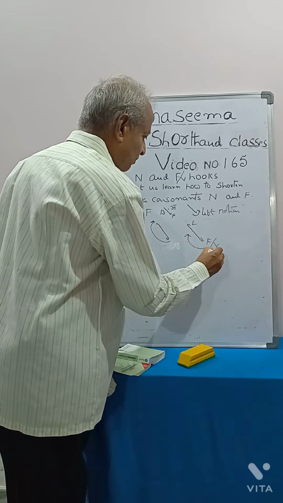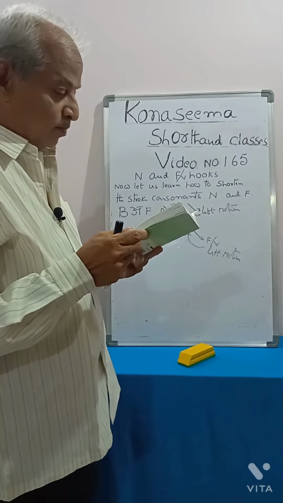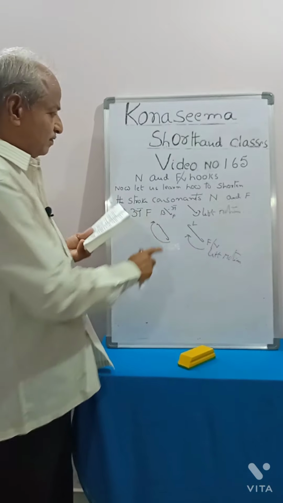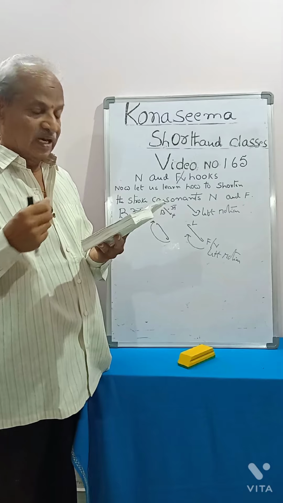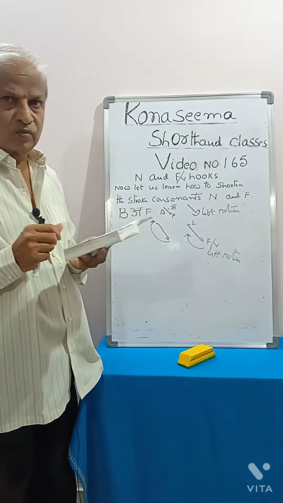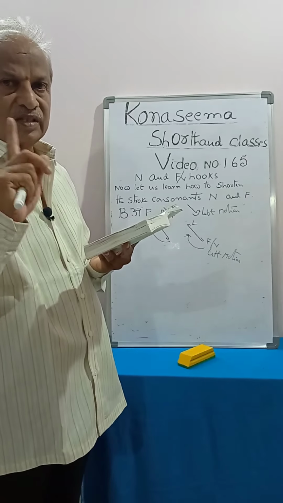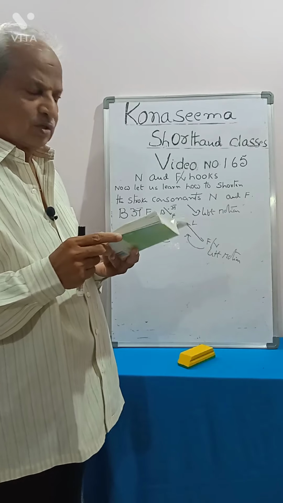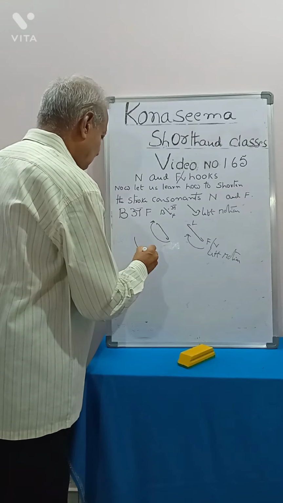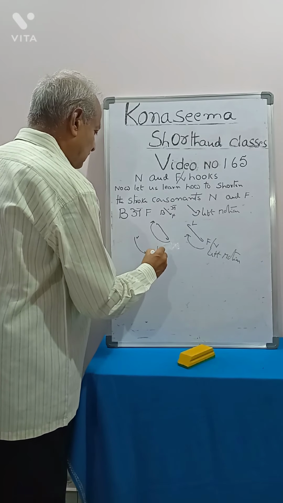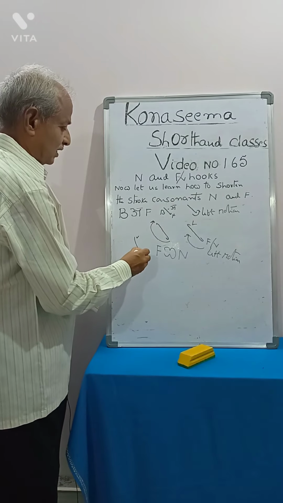Left motion. Examples you see: bluff, cliff, glove. Both L hook and F or V hook will be written with the left motion. Next, for fine, we are writing N hook inside curve.